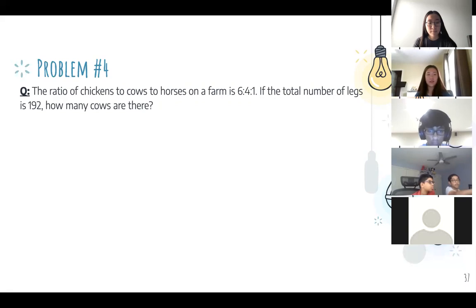Okay, so I see more 24s now. So that is the correct answer. So there are 24 cows.